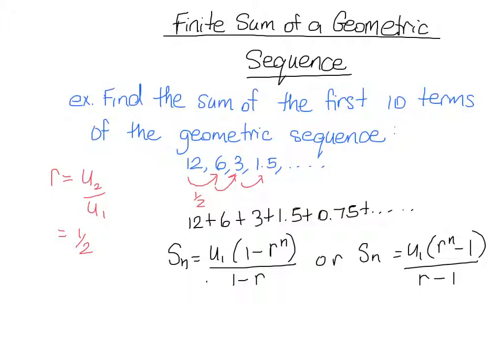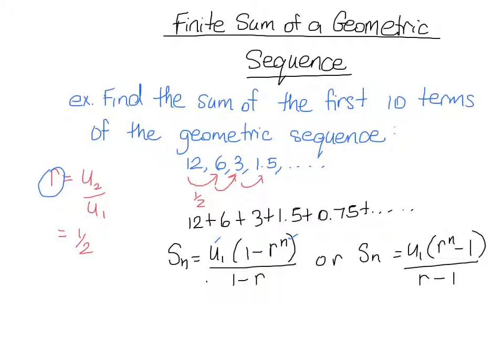So as you already know, r is the common ratio. r is that number that you're multiplying each time to get to the next term. u1 is the first term, and n is the number of terms you're going to add up in whichever question you're doing.